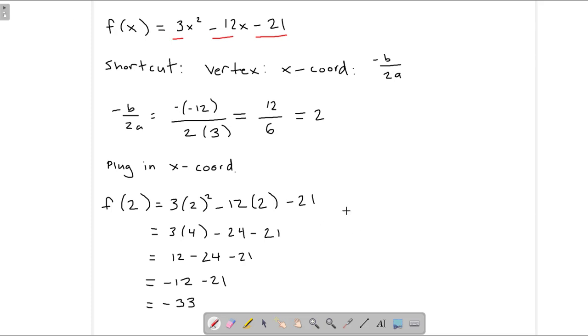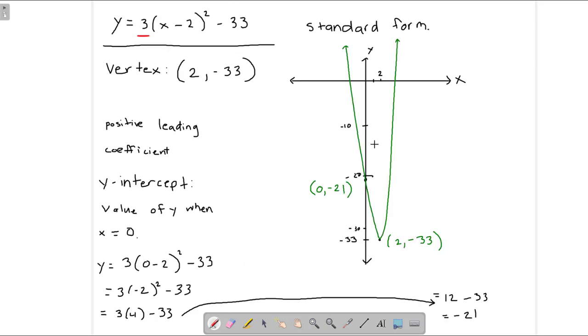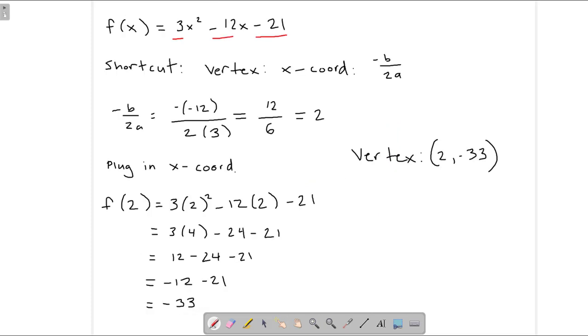So then my vertex again is 2, the x-coordinate, and then negative 33, the y-coordinate. So exactly the same. Perfect.